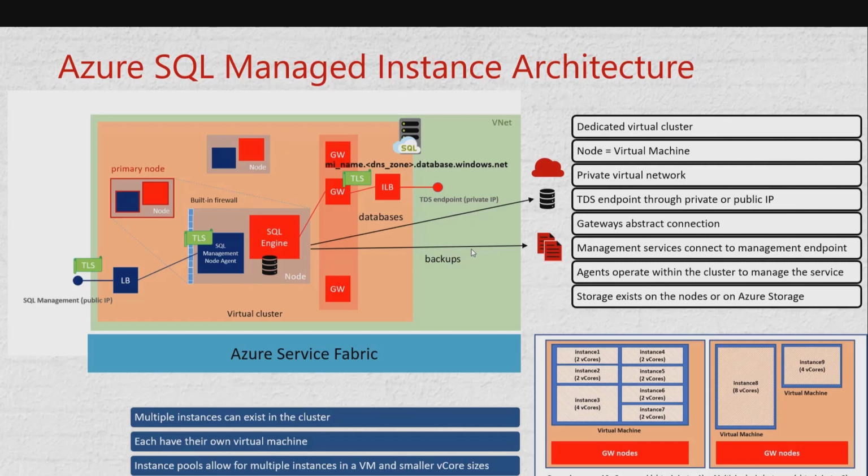So we provide you the flexibility also with the instance pools, which are currently in public preview. The smallest instance we give you is 4 CPU vCores, but you can also have a smaller one, a 2 CPU vCore instance, if you provide and configure the instance pools which are in preview.